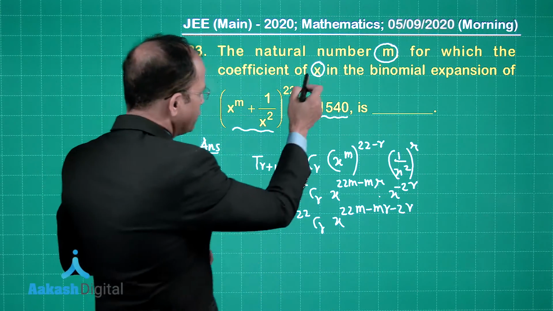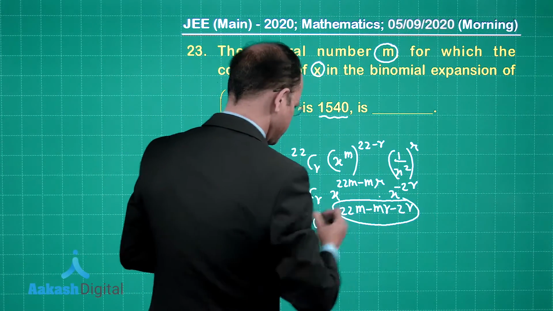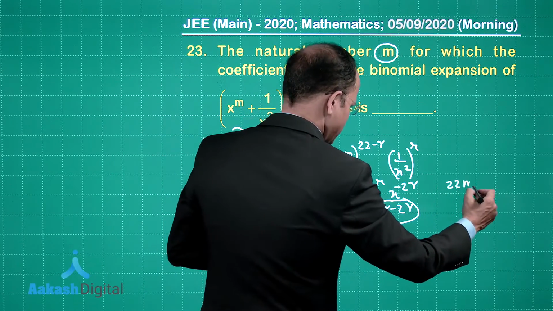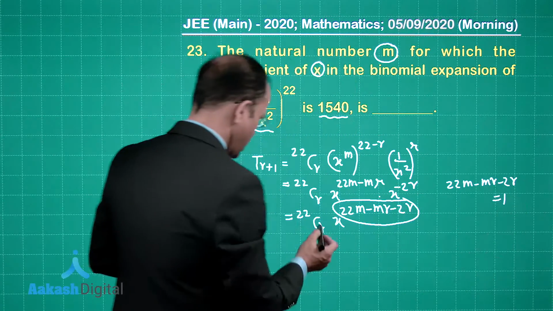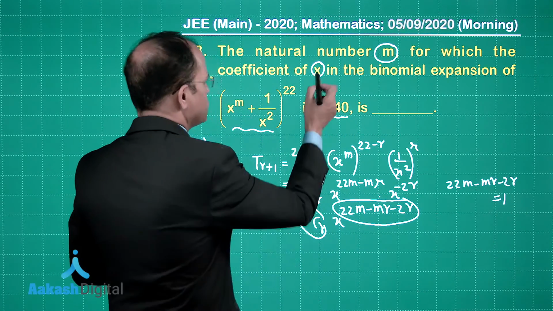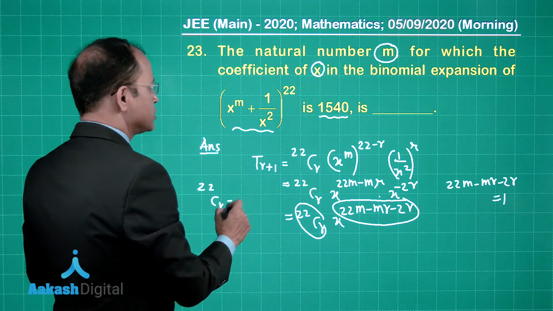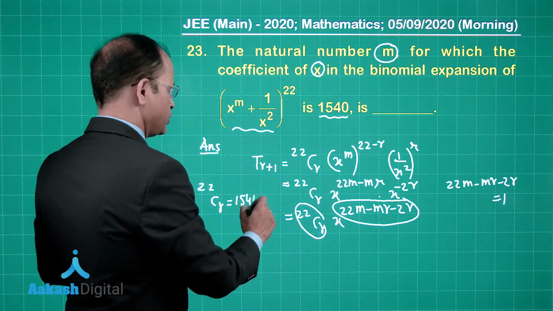Now we have to find the coefficient of x, that means the power has to be 1, right? So 22m minus mr minus 2r is equal to 1, and the coefficient 22Cr has been given to us as 1540. This is a very interesting thing.